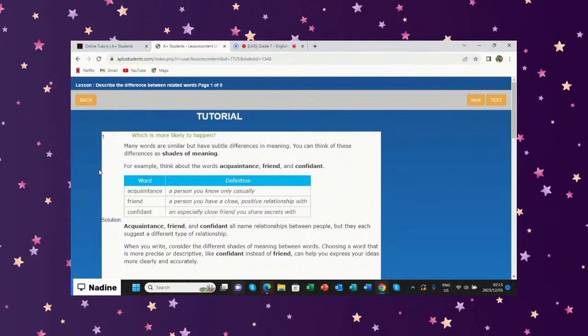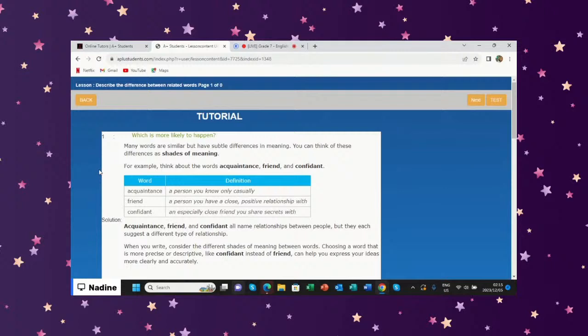For example, if we look at the word acquaintance, the word friend, and the word confidant, so not confident, confidant, right?